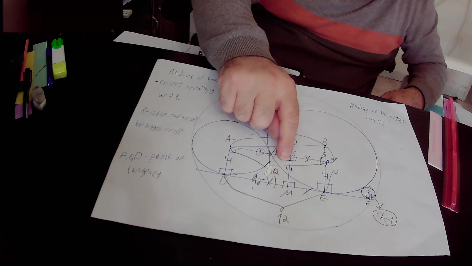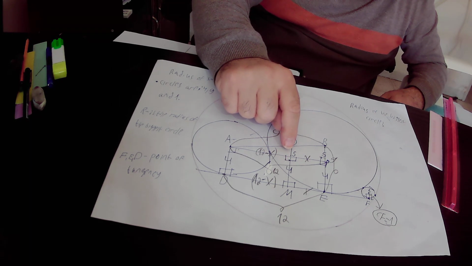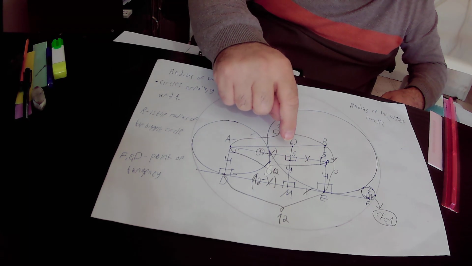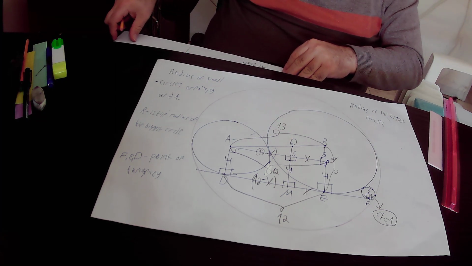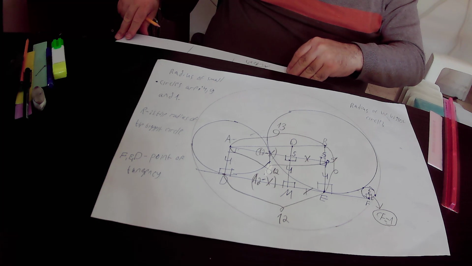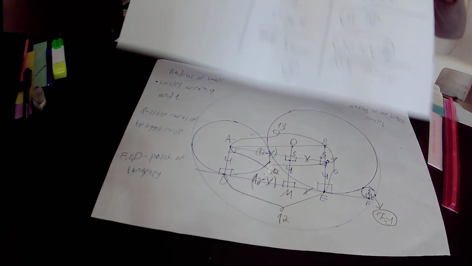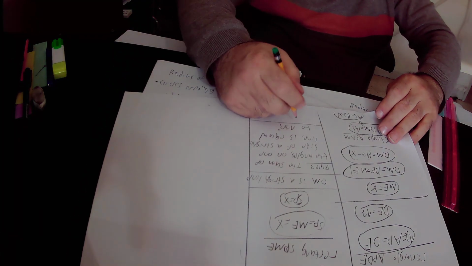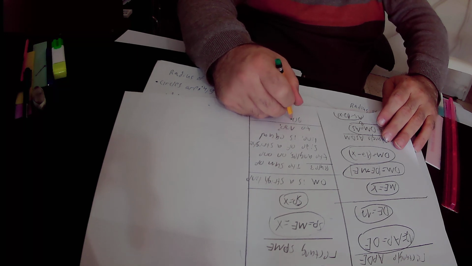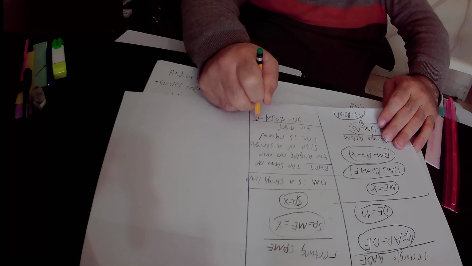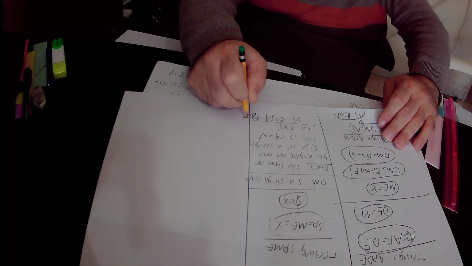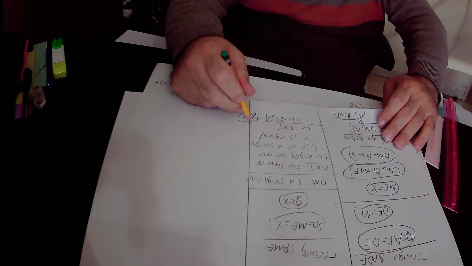We have 90 degrees plus angle OSA. In total they must be equal to 180 degrees according to rule number 3.